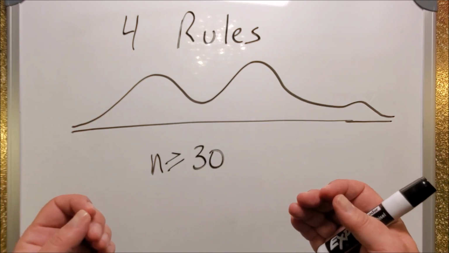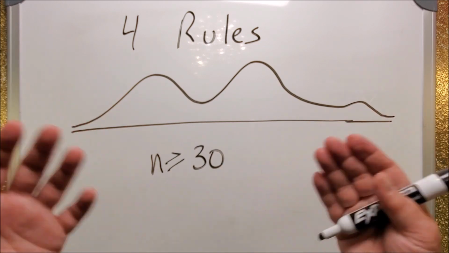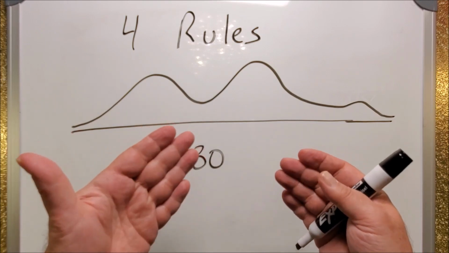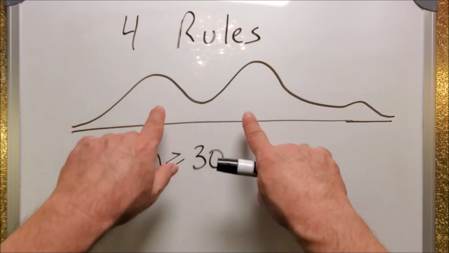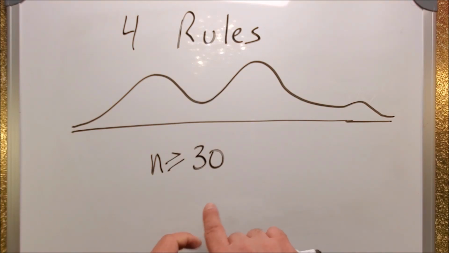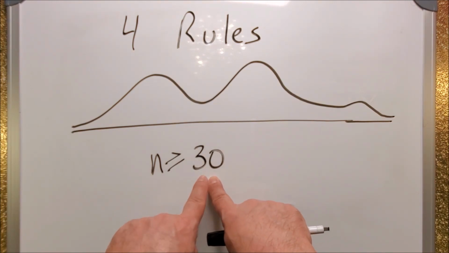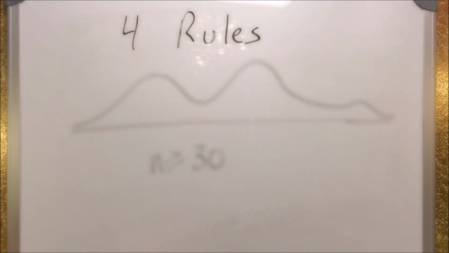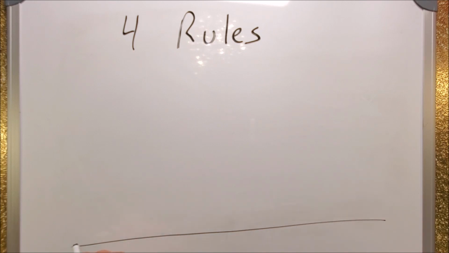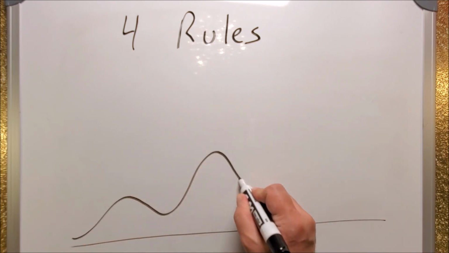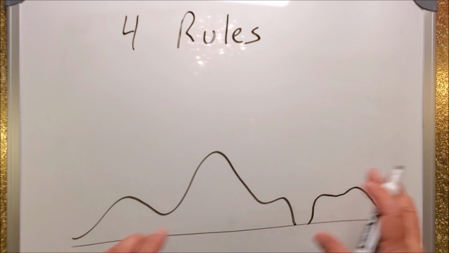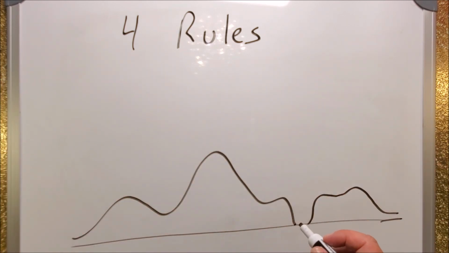We're hoping to have a normal distribution for a lot of the statistical procedures that we do. And this allows us to take data and have a normal distribution come out of it, even if it doesn't start out as a normal distribution, as long as our sample size is 30 or greater. Remember, we're taking every possible sample. How does this work? Let's think of it this way. We have a distribution, and I just drew something as weird and wonky as I could think of. Here's a distribution that has gaps and asymmetries and just a funny shape regardless.